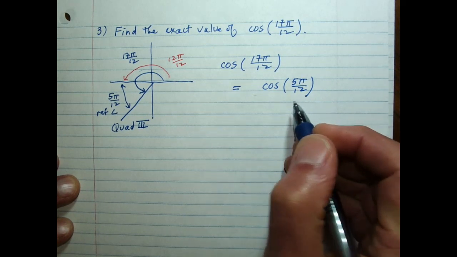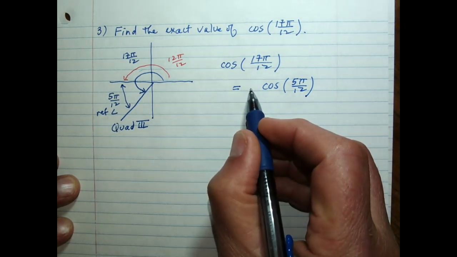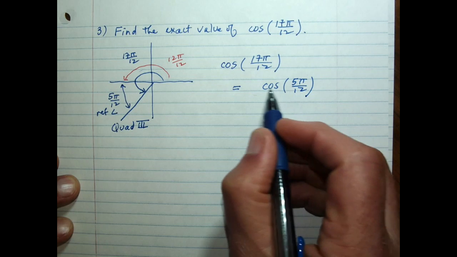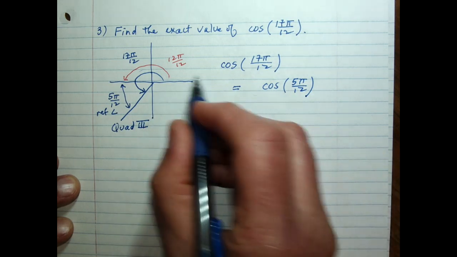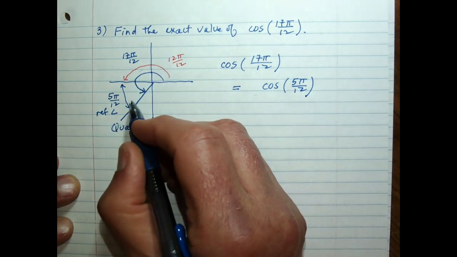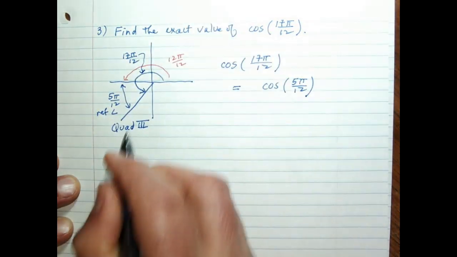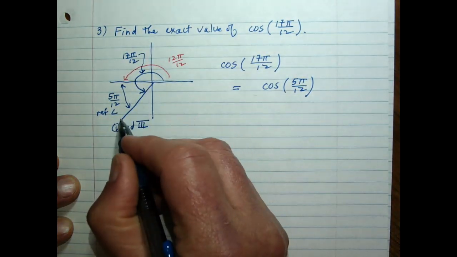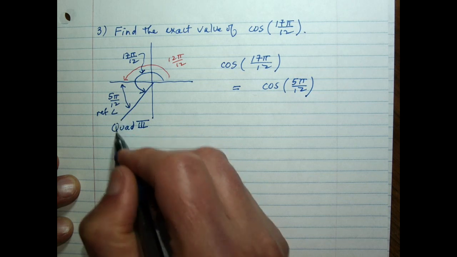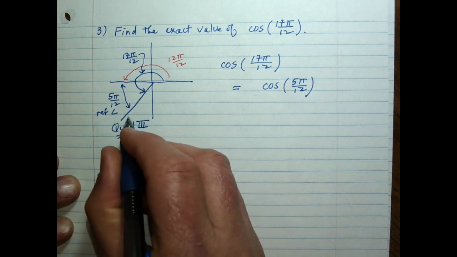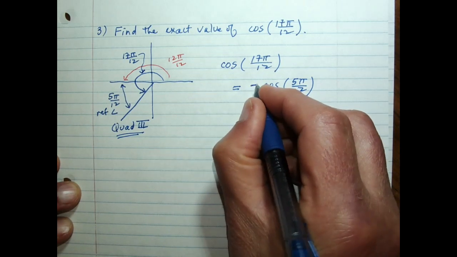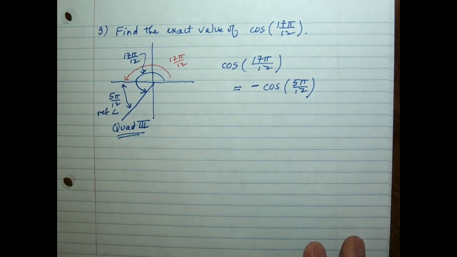And is it positive or negative? Cosine of the reference angle is positive, but the angle we want, 17 pi over 12, which is the blue one by the way, is in quadrant 3, so its cosine is negative. We need to take negative the cosine of 5 pi over 12.